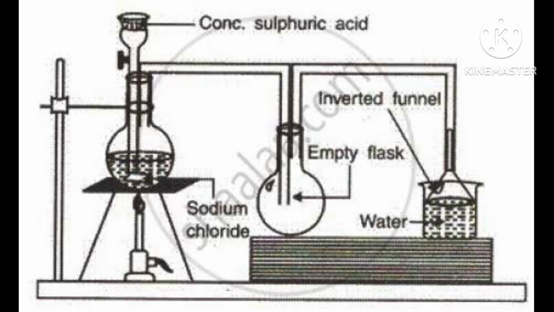Now preparation I am telling you. In the laboratory it is prepared by heating sodium chloride with concentrated sulfuric acid, means NaCl plus H2SO4. You have to maintain the temperature at 420 Kelvin.